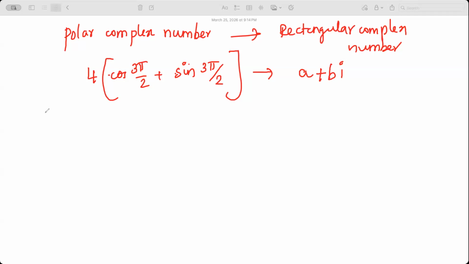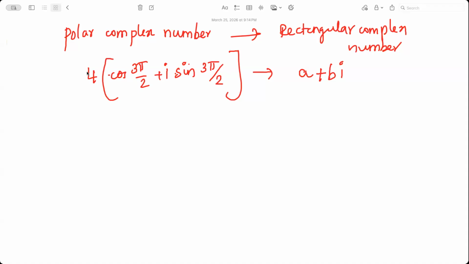Where's the i? Wait, where's the i? Sorry, Mana. It's fine. It's pretty easy to do this. That's why I did not give you a sample, because theta is directly given, r is directly given.